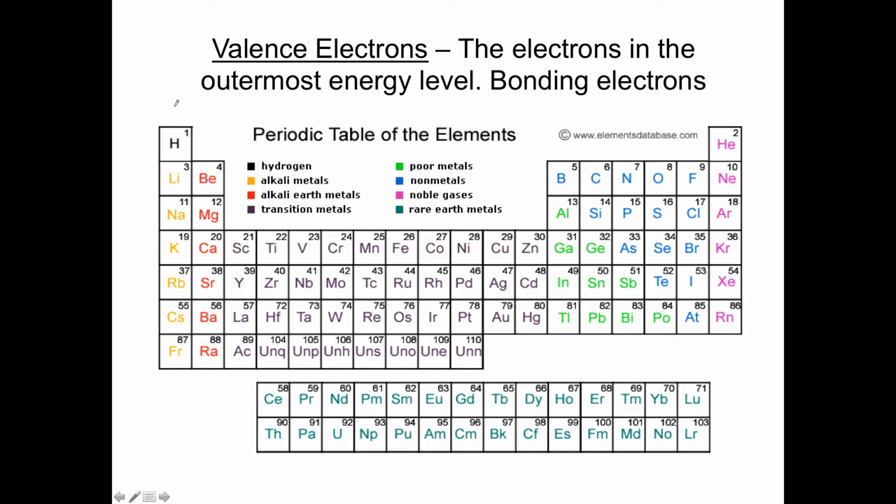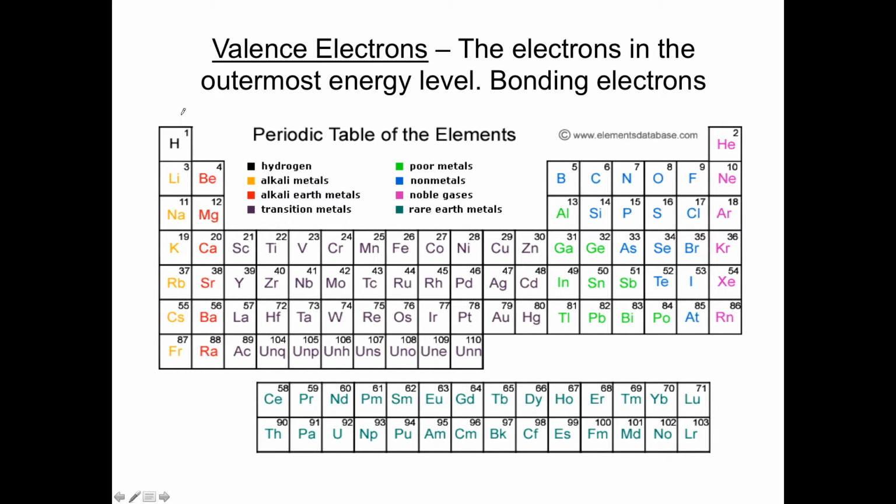Here's what we're going to do. We're going to add some numbers on top of the columns here. And not every column is going to get one. Remember I told you that the S column and the P area of the periodic table are the ones that are going to get these numbers, not the D section and not the F section down here.